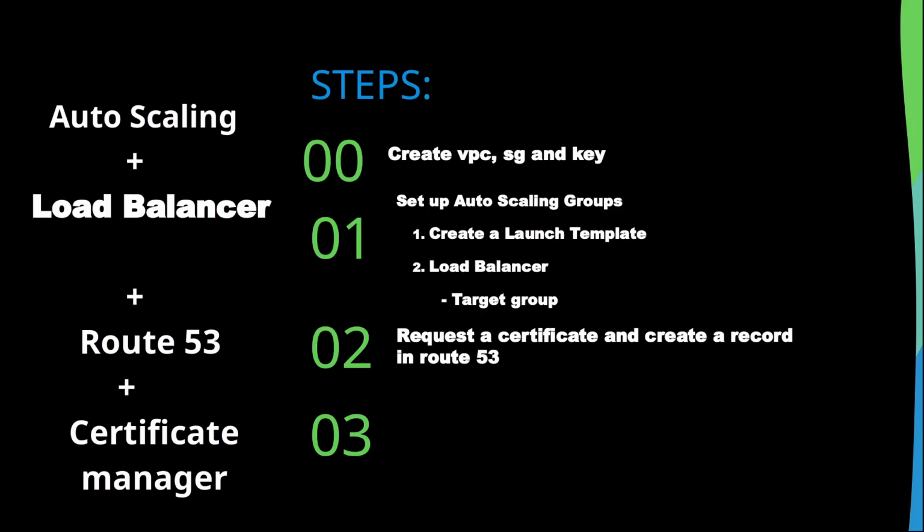Now, we'll also request a certificate and create a record in Route 53. And finally, we are going to do a stress test to check if our auto scaling group is working. So let's jump onto the console.